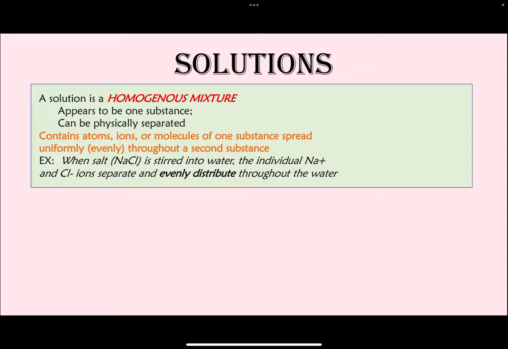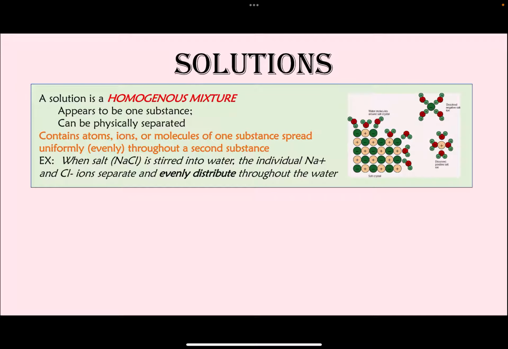For now, let's focus on the example of dissolving sodium chloride in water. Remember that would make an aqueous solution, because whenever we dissolve something in water, it makes an aqueous solution. When sodium chloride goes in water, because it's an ionic compound, it's going to dissociate, meaning it's going to separate out into its ions.